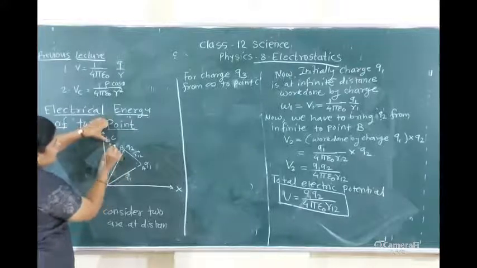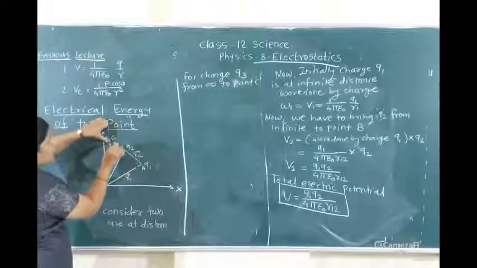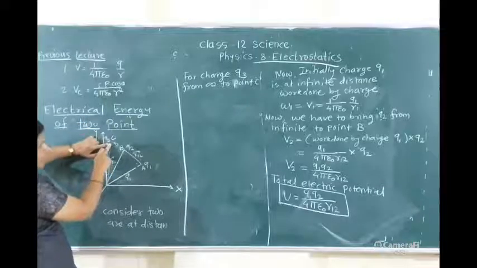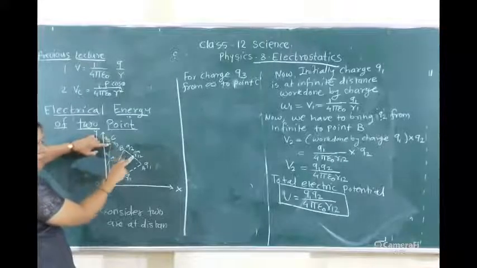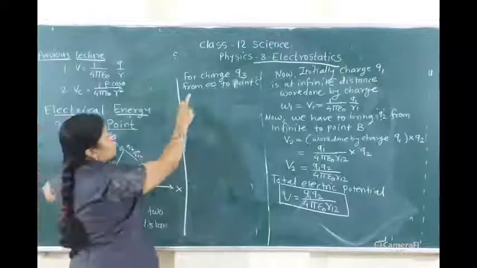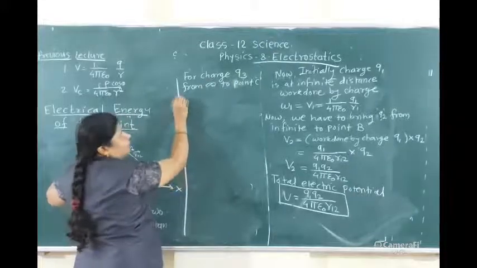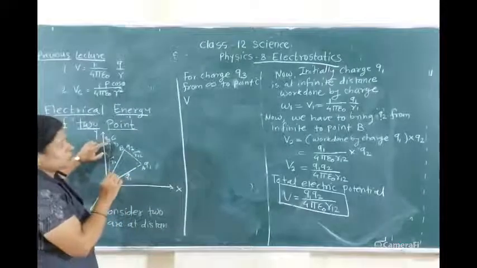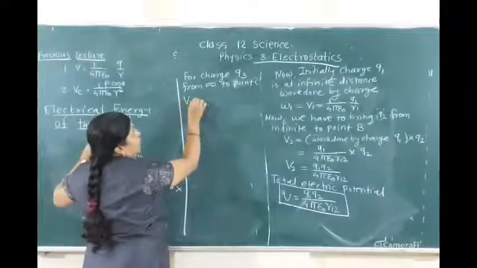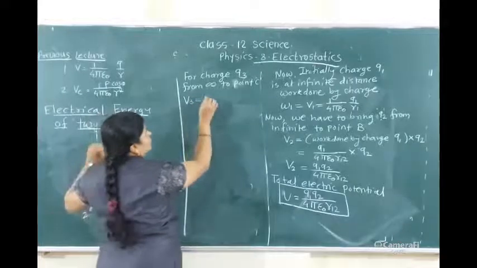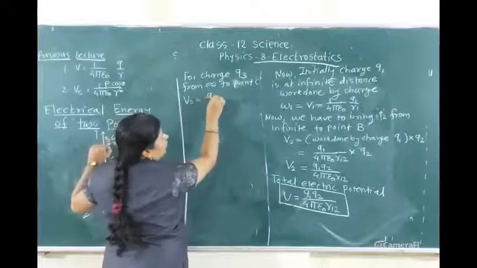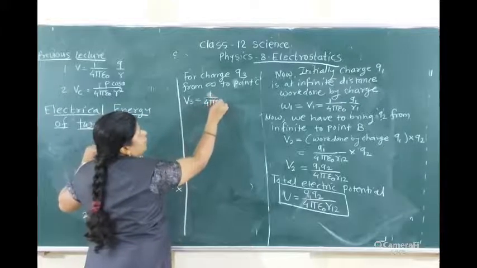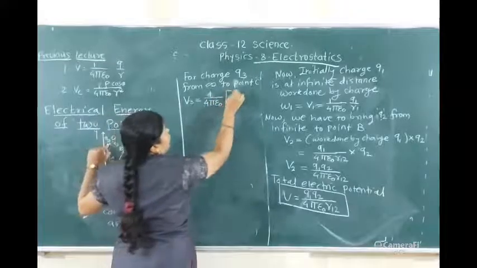So for charge Q3, the electrostatic potential or work done on the charge Q3 is V3 equal to 1 upon 4 pi epsilon 0 times Q1 divided by R13 plus Q2 divided by R23, multiplied by the charge Q3.